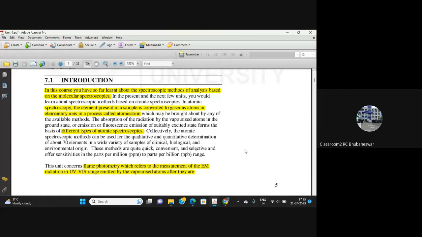That is why, when you go for the electronic transition, you see broad bands for UV visible or fluorescent spectroscopy. But for atomic spectroscopy, the vibrational and rotational energy levels are not there; it has discrete energy levels.